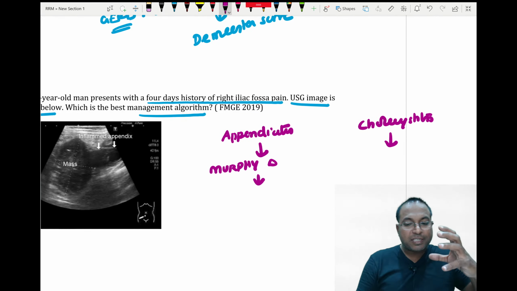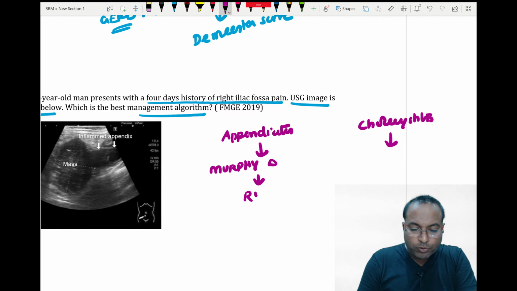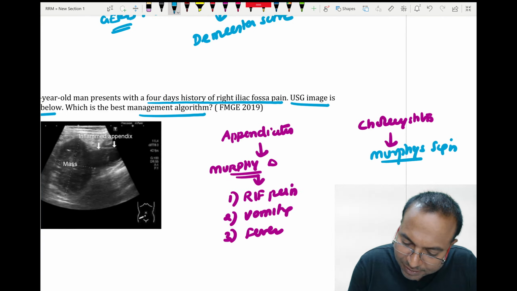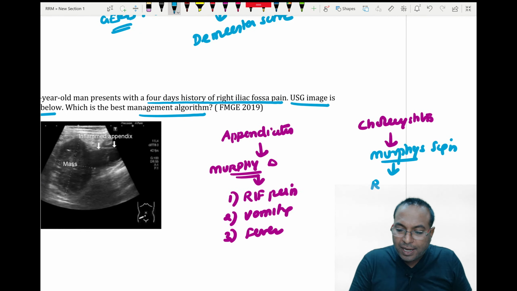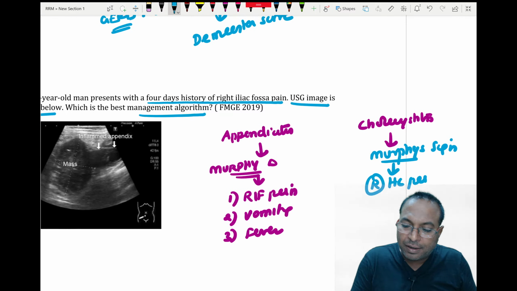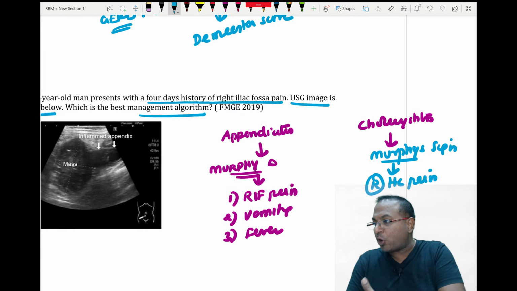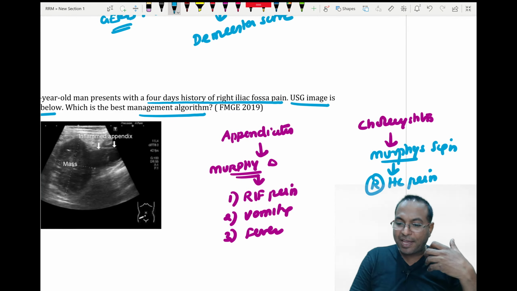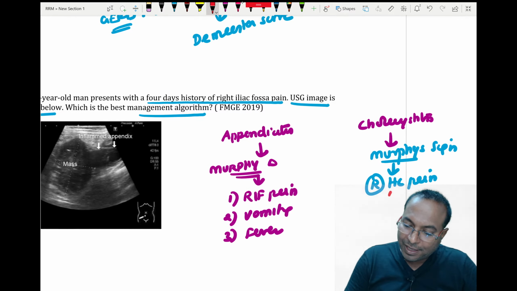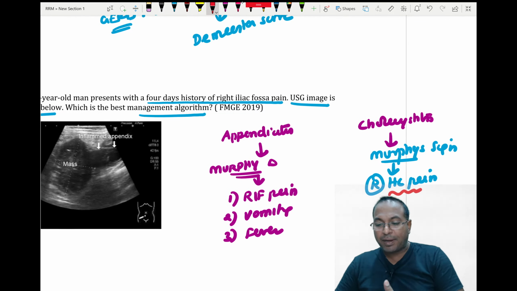Murphy's triad says there is pain in the right hypochondrium. Murphy's sign is seen. What is Murphy's sign? Right hypochondrial pain on a deep breath. When you take a deep breath, there will be severe pain on the right side hypochondrium.